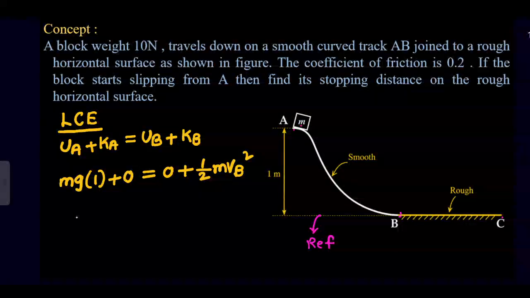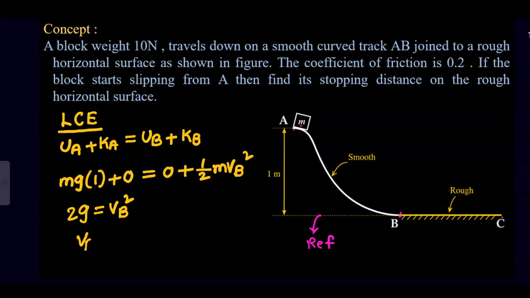So m gets cancelled, and we get g is equal to half Vb squared, that is 2g is equal to Vb squared. So we get the Vb value as root 2g. This is the velocity at point B.